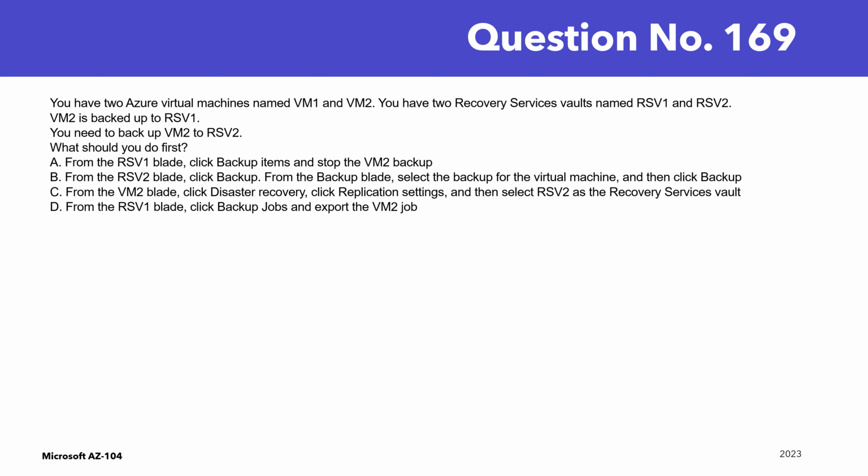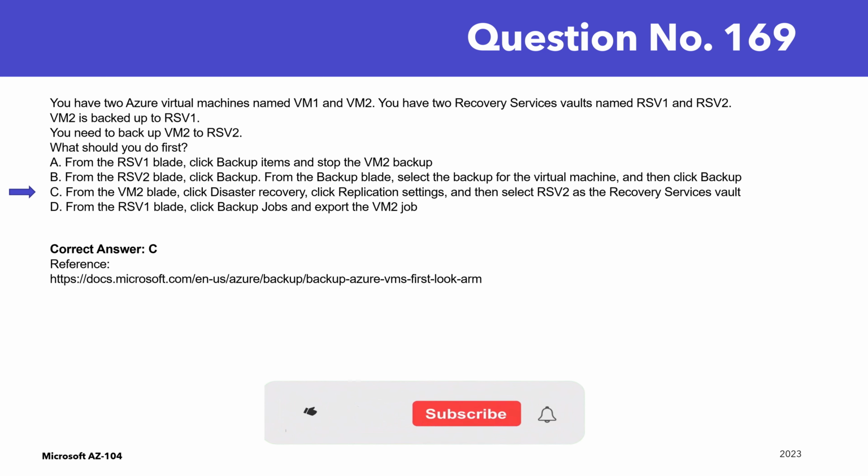B. From the RSV2 blade, click Backup. From the Backup blade, select the backup for the virtual machine, and then click Backup. C. From the VM2 blade, click Disaster Recovery, click Replication Settings, and then select RSV2 as the Recovery Services Vault. D. From the RSV1 blade, click Backup Jobs and export the VM2 job. Correct answer: C.